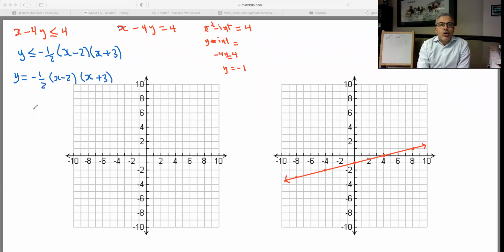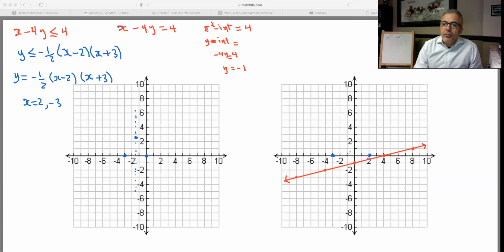So in this format, right away, you know your x-intercept. So graphing the parabola, my zeros are x equals 2 and -3. So -3 is right here, and 2 is right there. My vertex is going to be right in the middle.